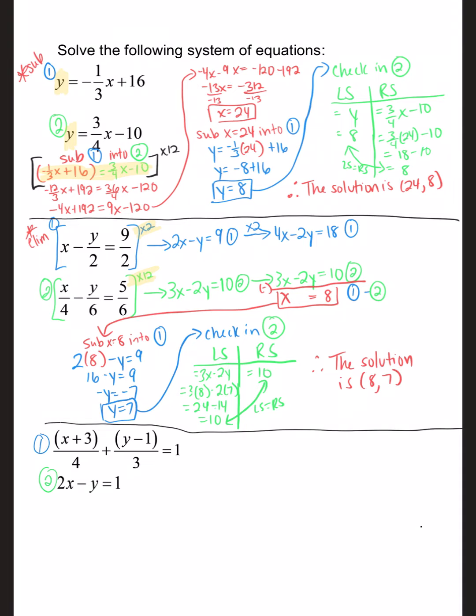So the first thing we're going to want to do is clear the fractions, and then we can reassess if we should do elimination or substitution. So we only have fractions in our first equation here.